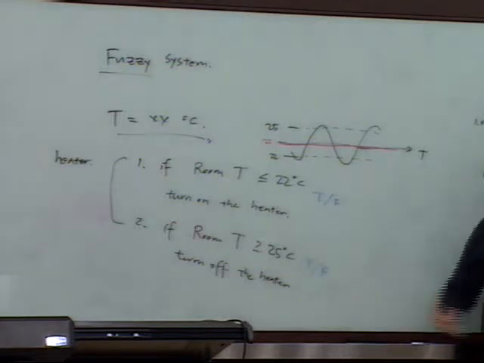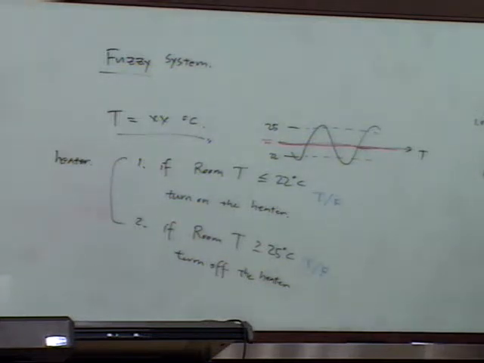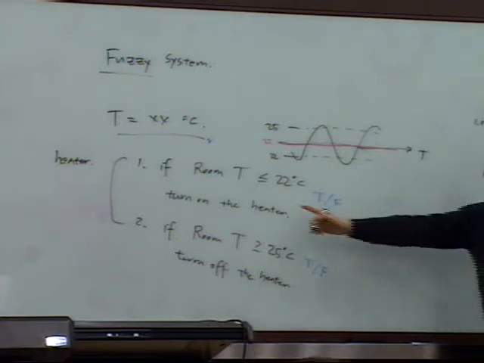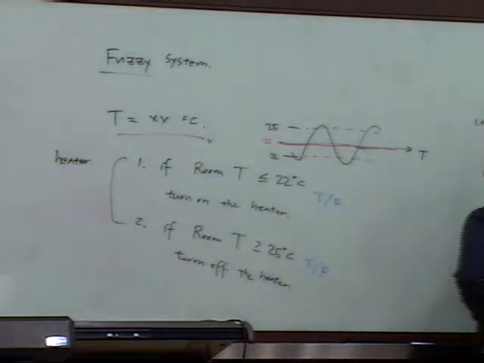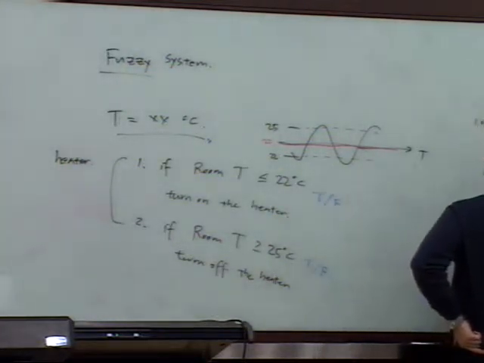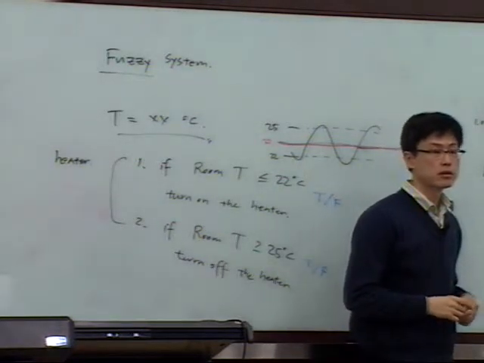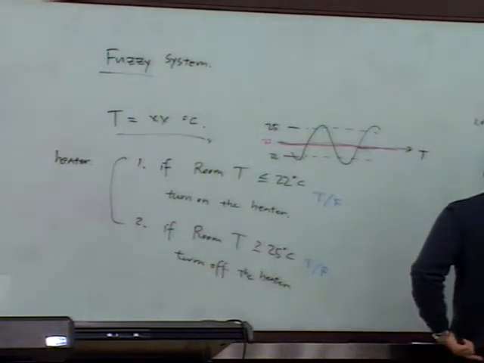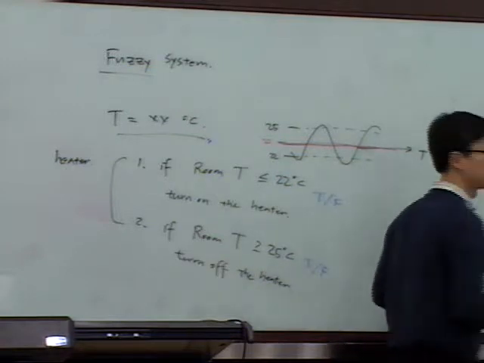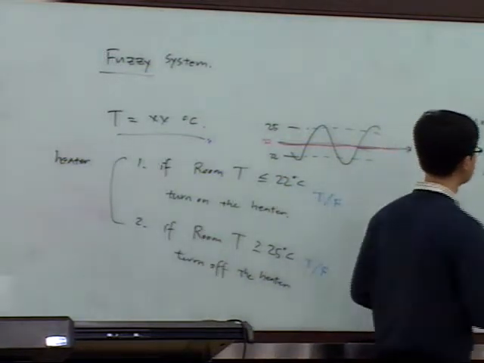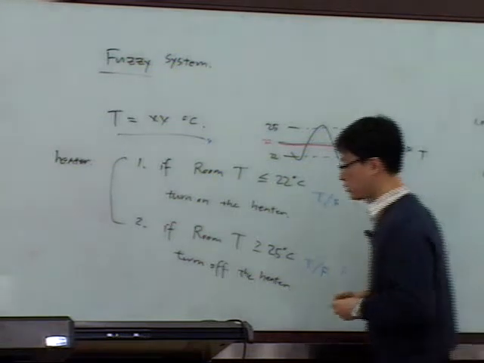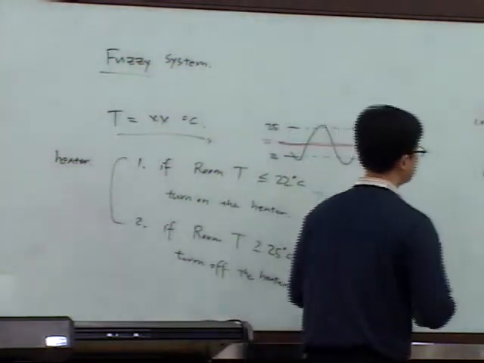If room temperature is hot, then reduce the heater or turn off the heater. So something like that: cold, hot. In our model, we said this is 22, this is 25. So we take the portions. So we model our system like this.